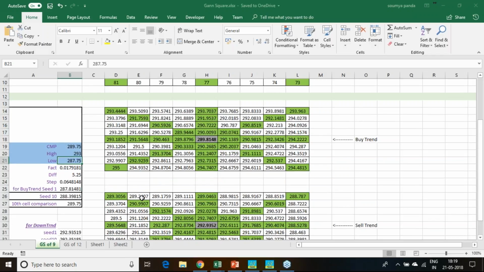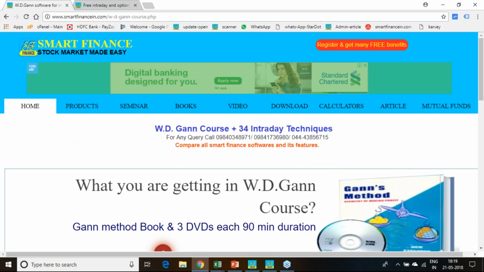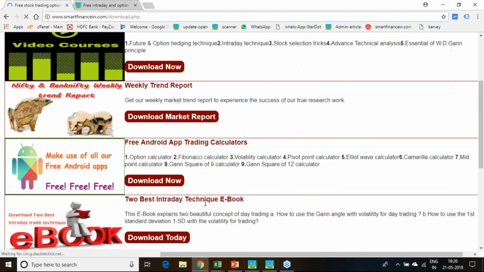The judgments or trend calculations given by this particular modification have enhanced the success of the Gann study by 30 to 40% more. But the very basic principle of Gann Square of 9 is still present. All these things are given in the Gann Square of 9 free app.